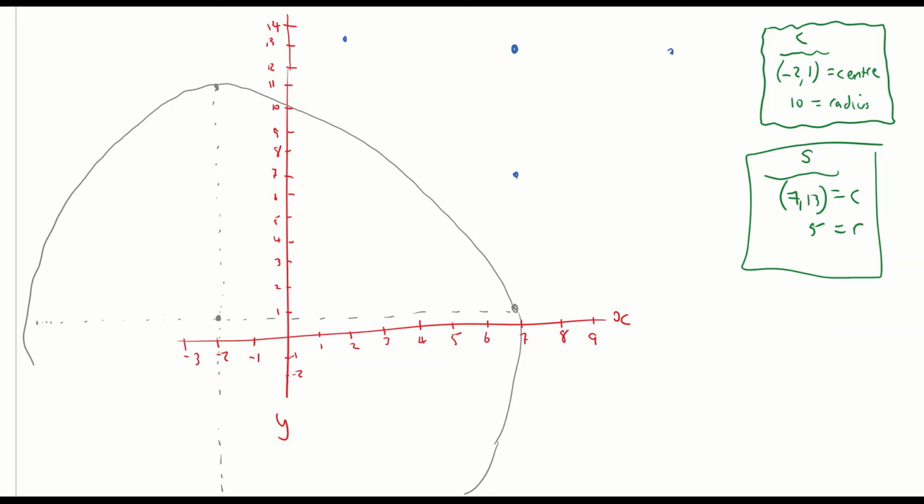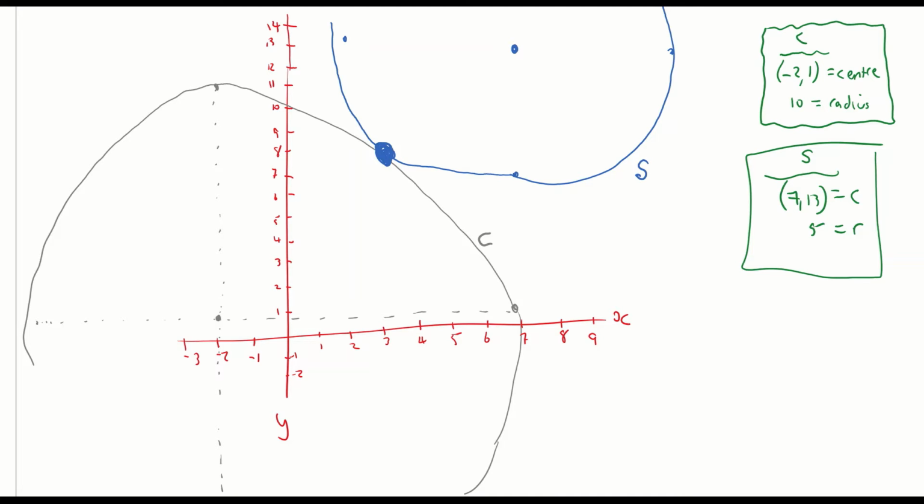So again, it looks something like that, and all I'm trying to do here is see where they basically touch. And again, it's just a rough sketch here. All I'm trying to do is get that coordinate and visualize that. And that's the point where the circle C and the circle S are meeting.